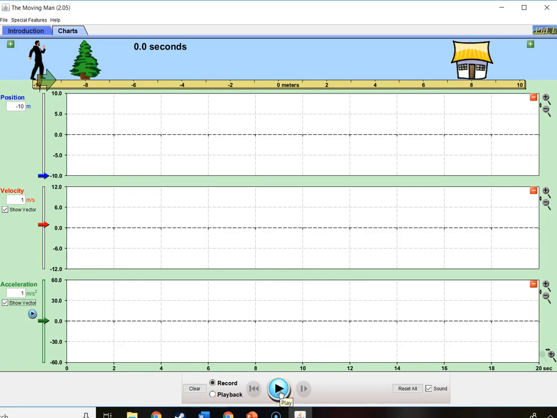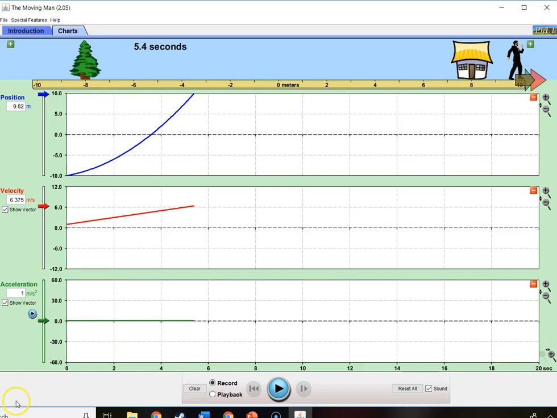Watch what happens. If we look at what happened here, our position graph is no longer constant. It's getting steeper. Because our position curves, our velocity versus time graph has a constant slope, which means our acceleration is constant.